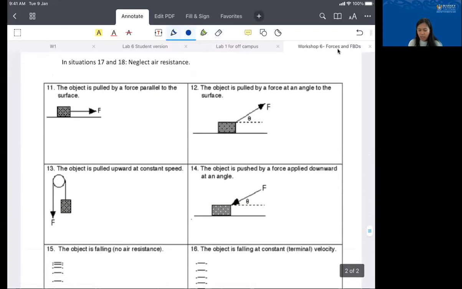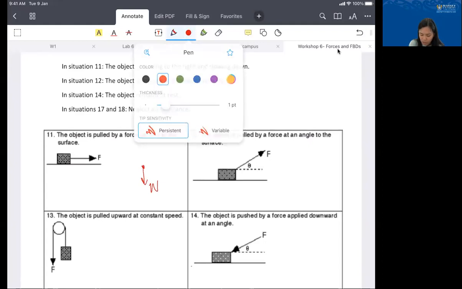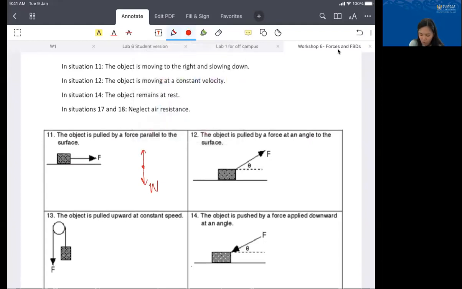Yeah. So here, question 11, the object is moving to the right and slowing down, but this time you have a pulling force, a tension force. So again, you have your weight force that's downwards. You have your normal force that's upwards. I'll just draw it with the same color because they are the same length anyway. And then there's extra information here.